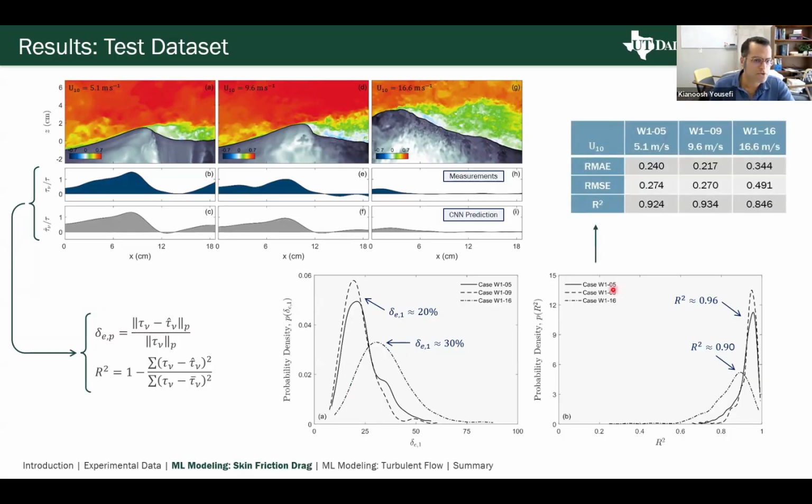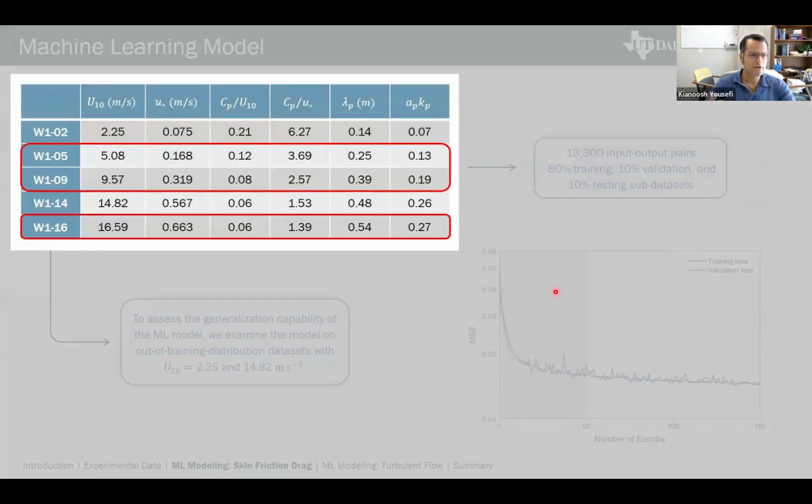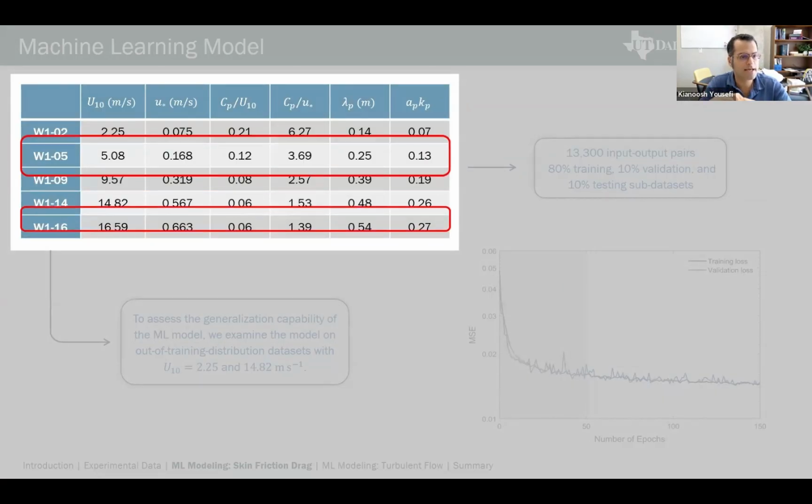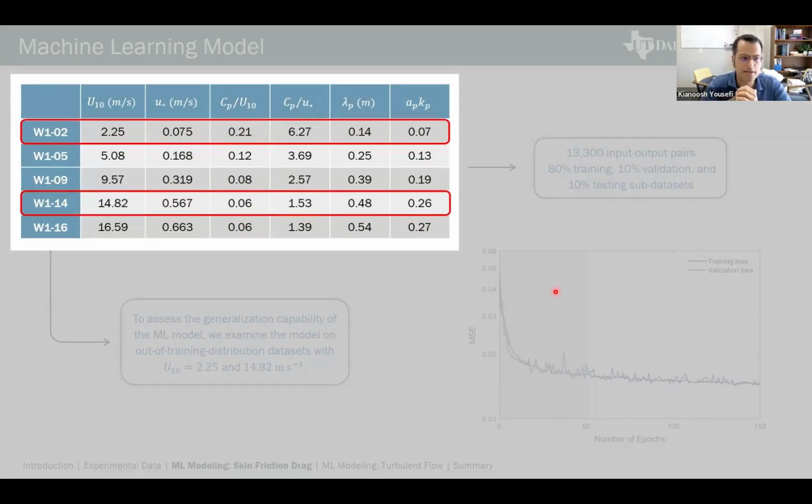And here is the distribution over the entire data that I have. So now I can get back to the two cases that I did not use for the training, right? I have a case with 2.25 meters per second and a case with 14.82 that I can use for the generalizability of the model.